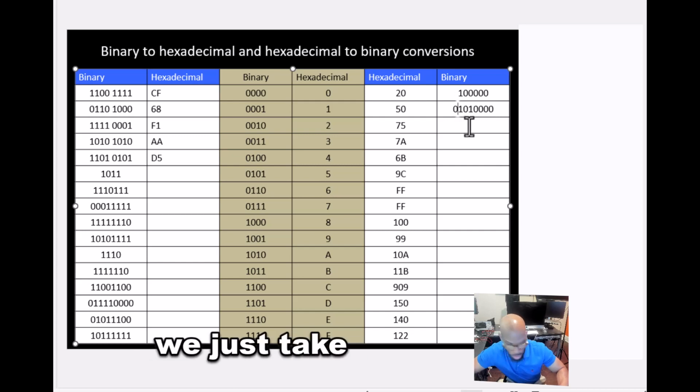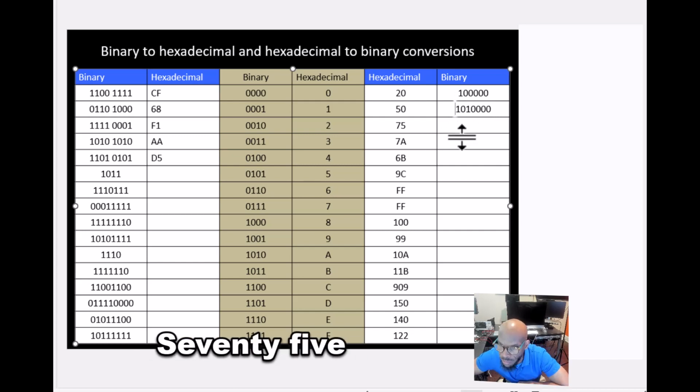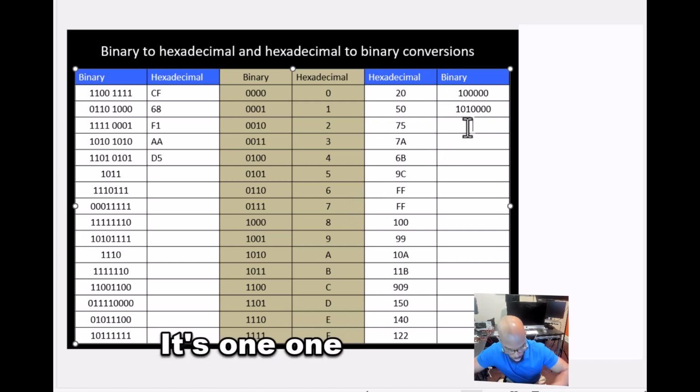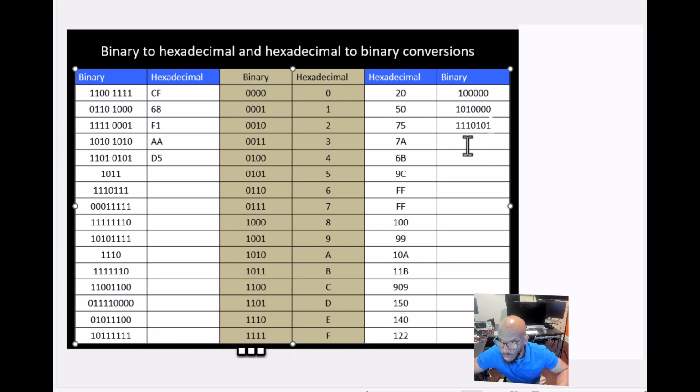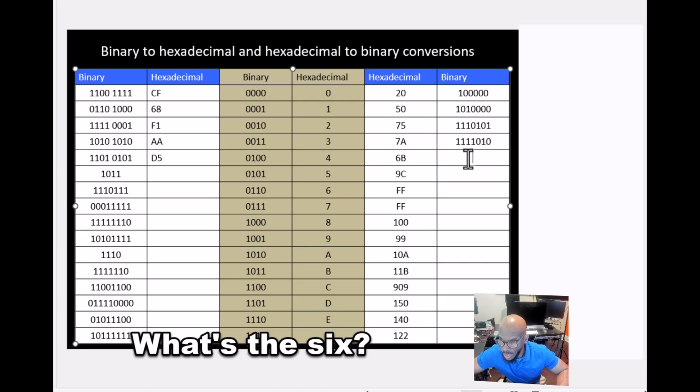Okay, and then we just take that off. 75. That's 111. What's a 5? 0101. What's a 7? What's an A? What's a 6? 6 is 0110. What's B?